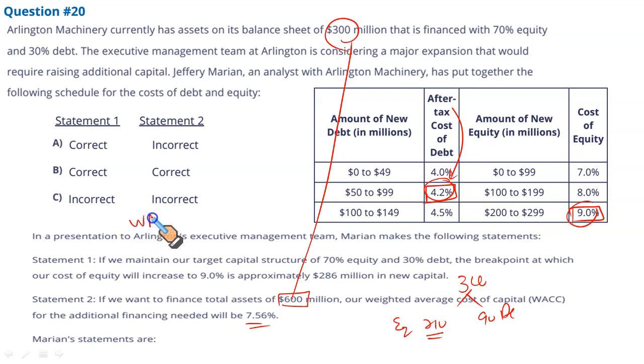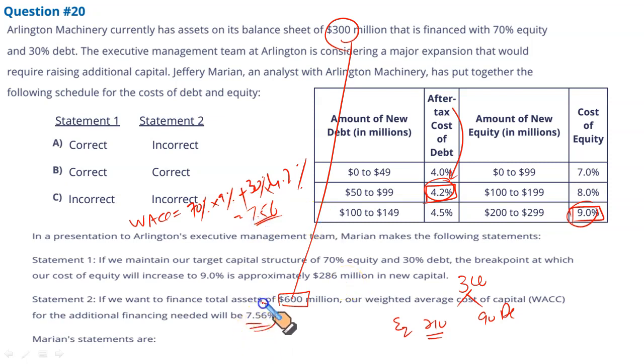You can directly calculate the weighted average cost of capital. 70% of your funding has come at the rate of 9% cost and the remaining 30% has come at the cost of 4.2. If you do the whole computation, let me do it for you: 0.7 times 9 plus 0.3 times 4.2 gives you 7.56, the exact number that has been given in statement 2.